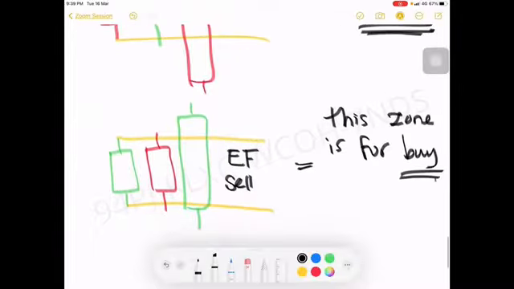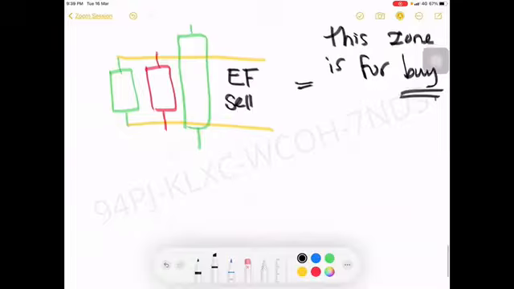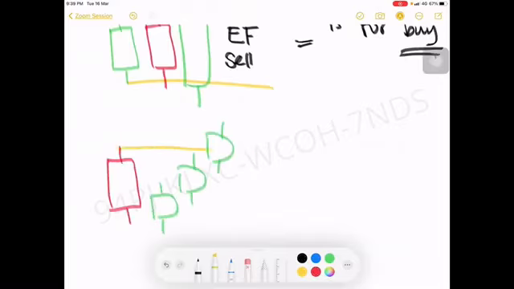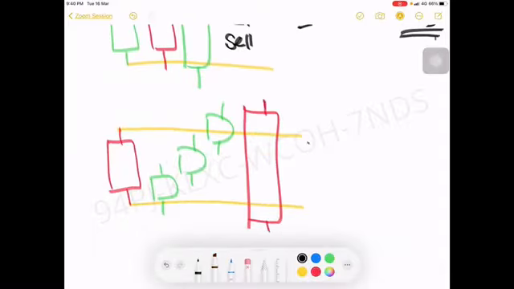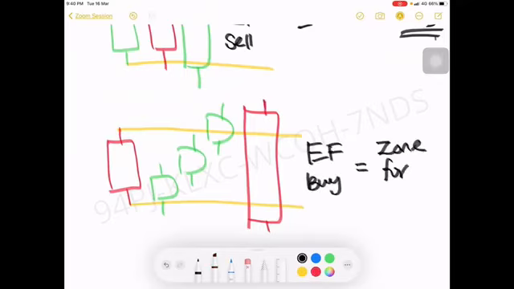Is it easy? Do you understand it now? All right, so I'm going to show you one more example. Let's say if you have this kind of angle, suddenly it just went down. So this is still EF, but for sell.